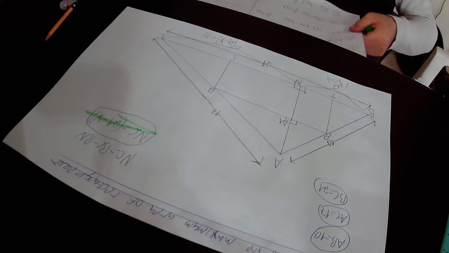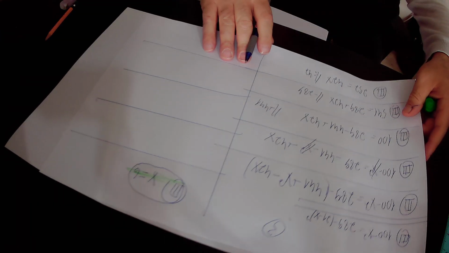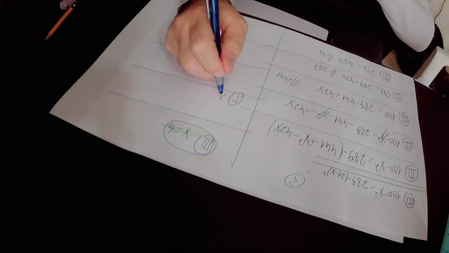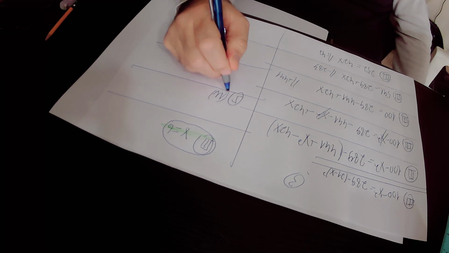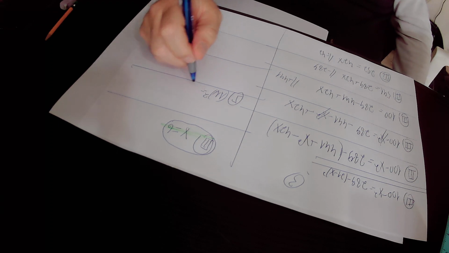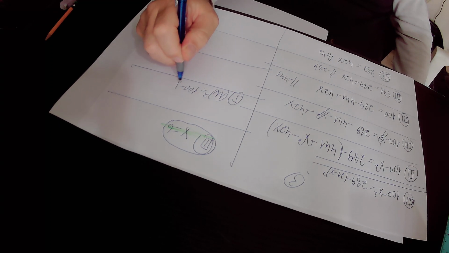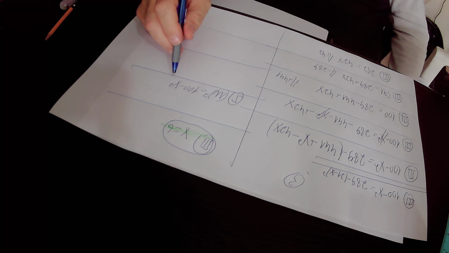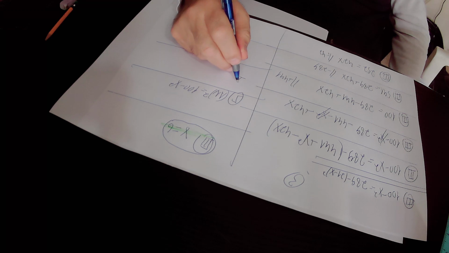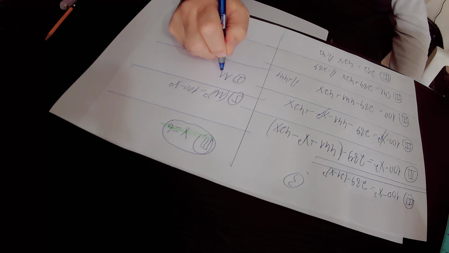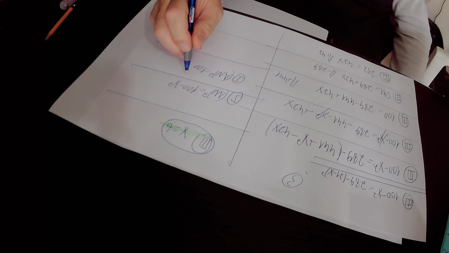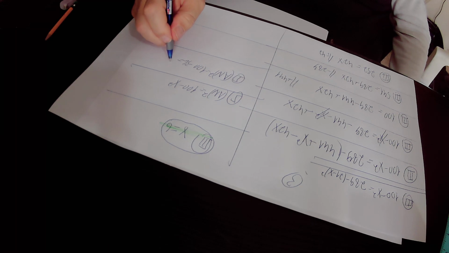In the next step, we return to the first equation. According to equation 1, AN squared equals 100 minus x squared. But x is 6, therefore x squared is 6 squared, that is 36. So according to equation 1, AN squared equals 100 minus 36, which is 64.